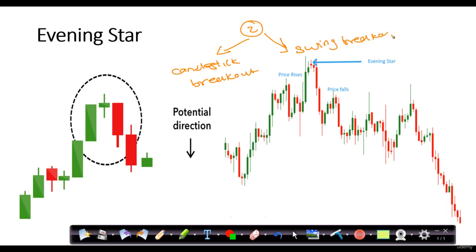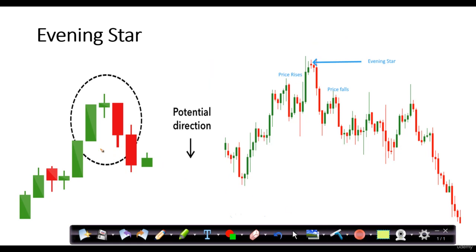Here what we need to do is first mark the strong bullish or bearish candle. Just check which candle is the biggest one. If this candle is bigger, then mark the high and low of this candle, and based on this breakout make an entry, and put the stop loss above this doji candle or on the top.